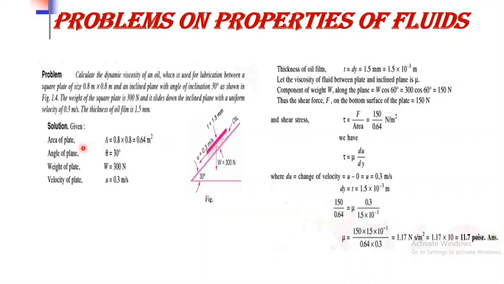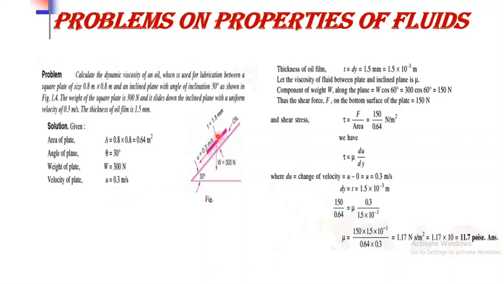The given things are that the area of the plate is 0.8 by 0.8, that is equal to 0.64 meter square. Then the angle theta made by the inclined plane with the horizontal is 30 degree. The weight of the plate is 300 Newton, and the velocity with which the plate is moving in the downward direction is 0.3 meter per second, represented by small u.